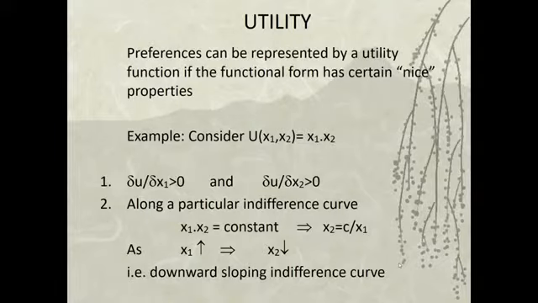The preference can be represented by a utility function if the function has certain nice properties. For example, when you consider U(x1, x2) equal to x1 times x2, then the partial differentiation of utility with respect to x1 is greater than 0, and the partial differentiation of utility with respect to x2 is also greater than 0.